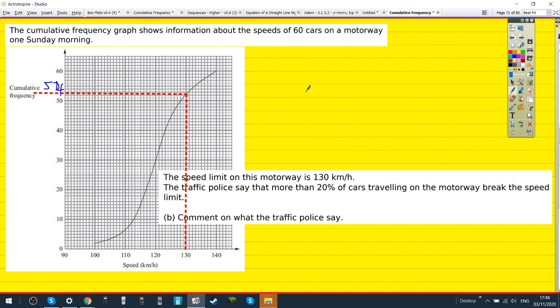So then you do 20% of 60. Non-calculator. What is 10%? 10% is 6. And so 20%? 12.